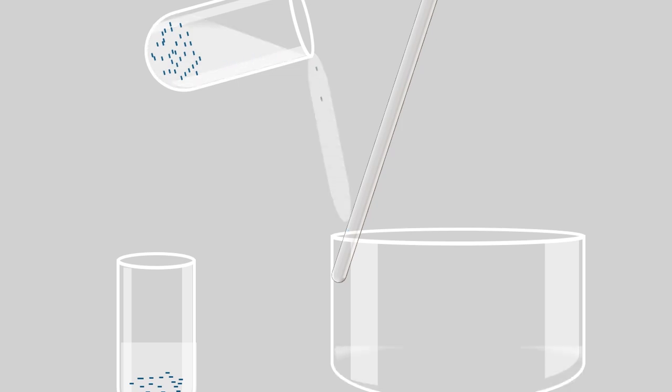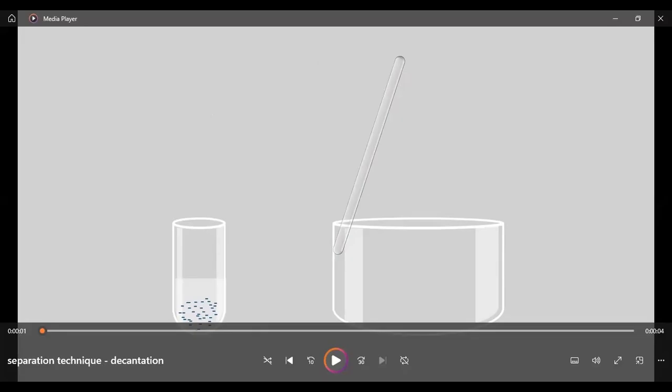Okay, so here is a simulation of decantation. You can see this test tube contains a mixture of a substance that does not dissolve in this solvent, or in this liquid. When you leave it standing for some time, because the solid does not dissolve in the solvent, it will form a distinct layer.